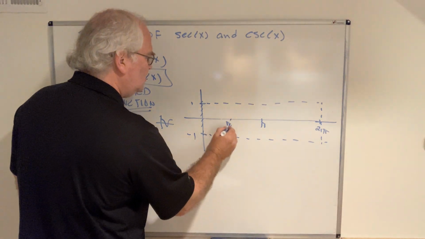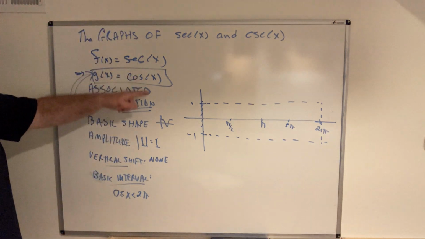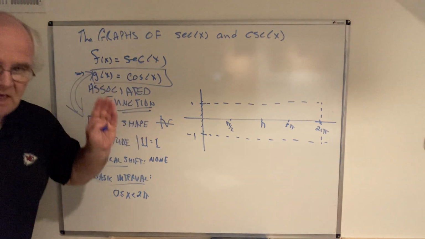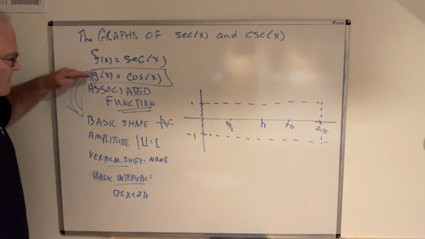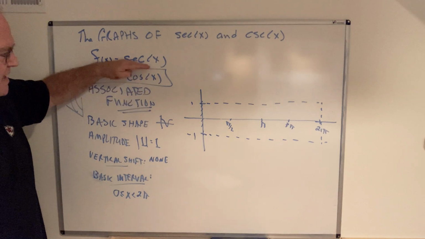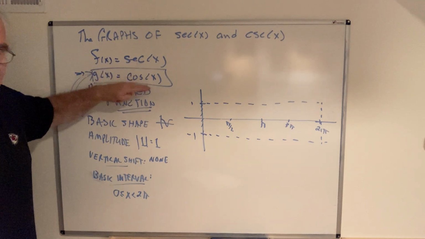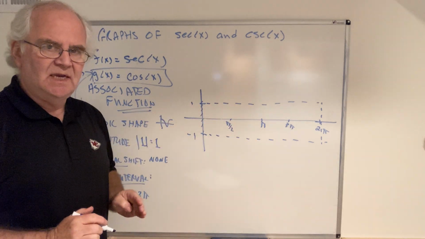Here's pi over 2. Here's 3 pi over 2. This is very standard. I don't need to make that shape. Here's where the difference occurs. We're graphing the associated function. I don't want the graph of cosine. I want the graph of secant. I'm going to use cosine as a stepping stone to get to secant.